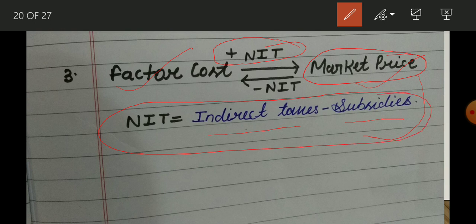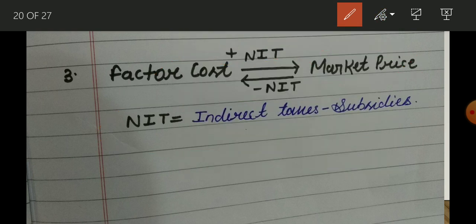Suppose market price is given and you are told to find factor cost, then you have to subtract NIT. Why? Because factor cost is that cost at which a commodity is produced. It is the cost or expenditure of production of any good.